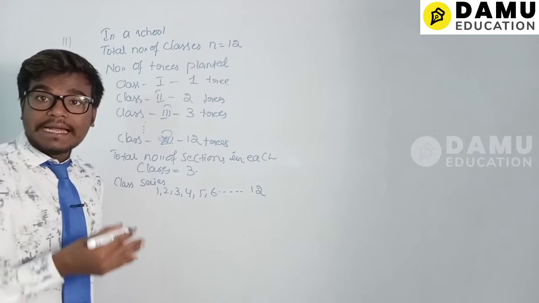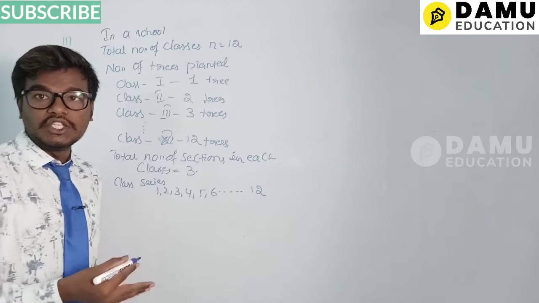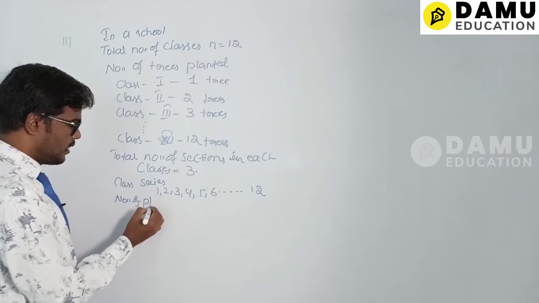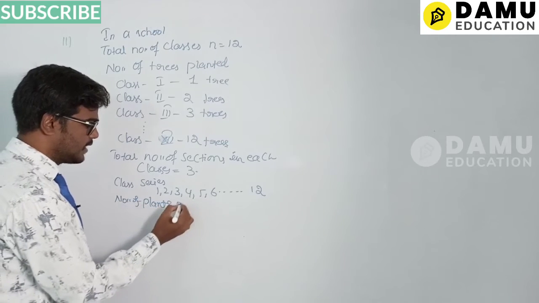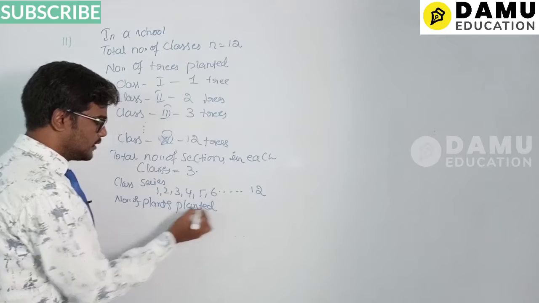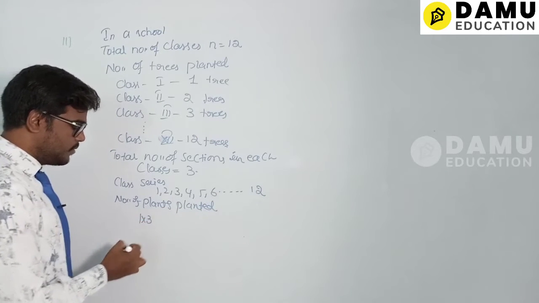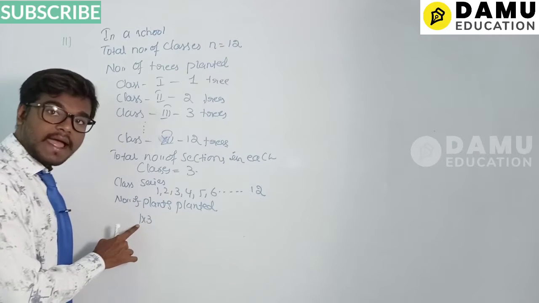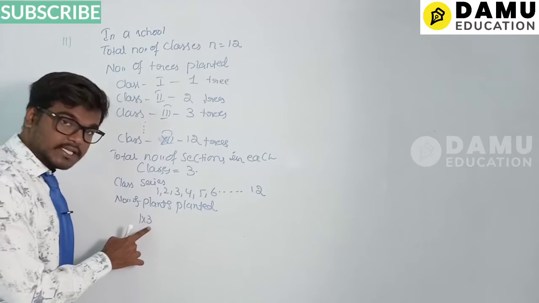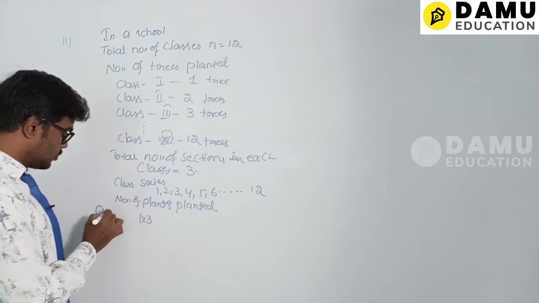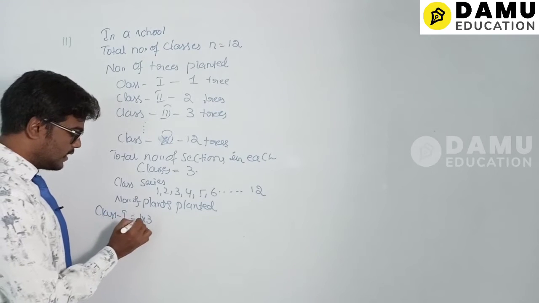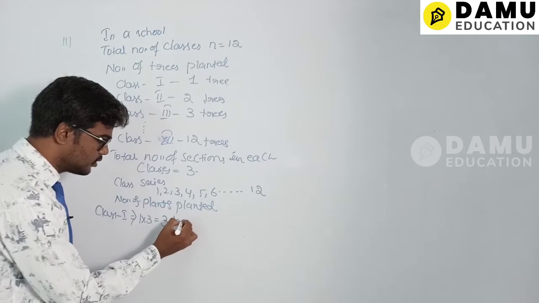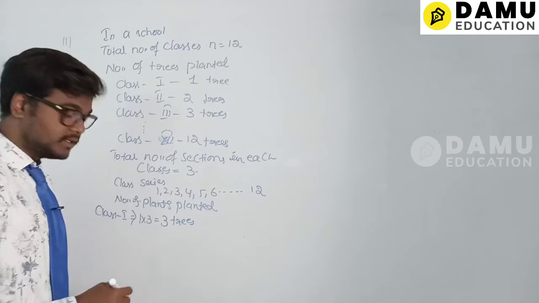The number of plants or trees planted by each class. So 1 into 3. Why? Because for the first class there is one plant from each section, and there are three sections. So 3 trees or 3 plants, whatever it is.